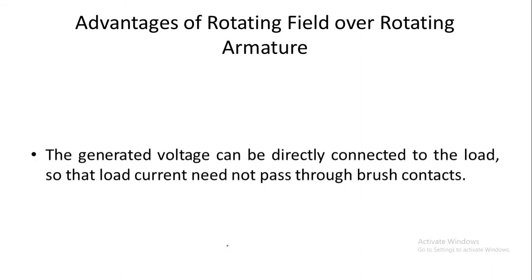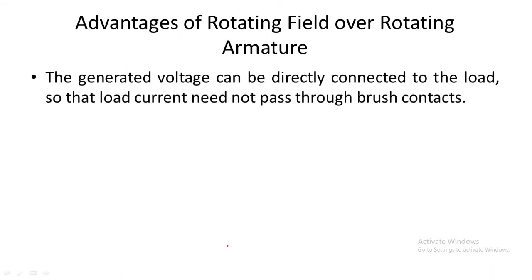Now, the advantages of a rotating field over a rotating armature. As I told, in a synchronous generator the field winding acts as the rotor, whereas the armature winding acts as the stator. Due to this, the first advantage is that the generated voltage can be directly connected to the load, so the load current need not pass through brush contacts.